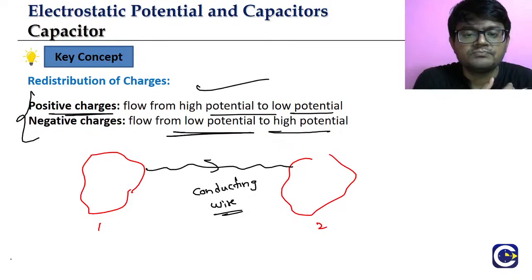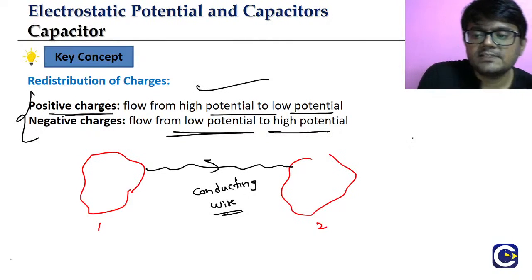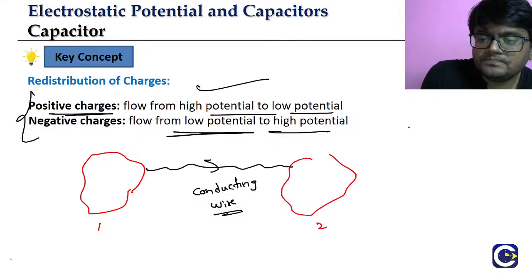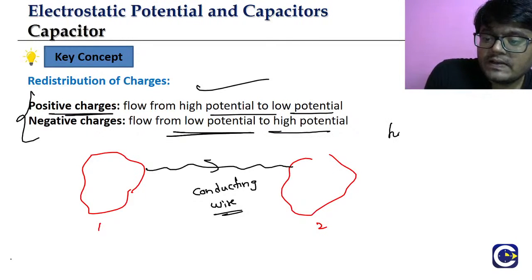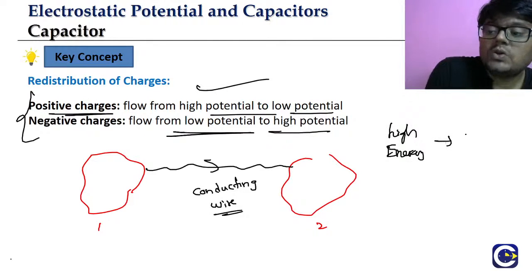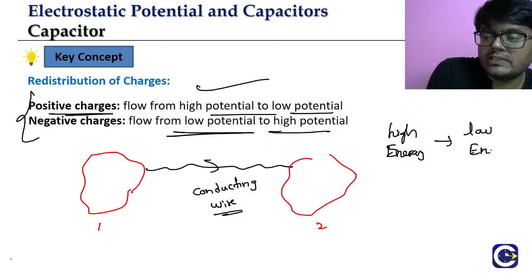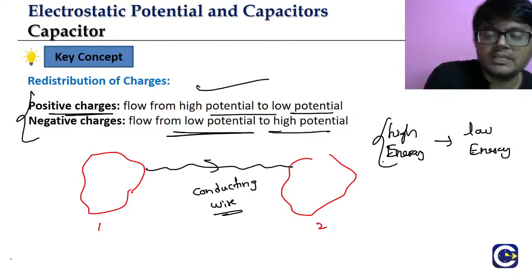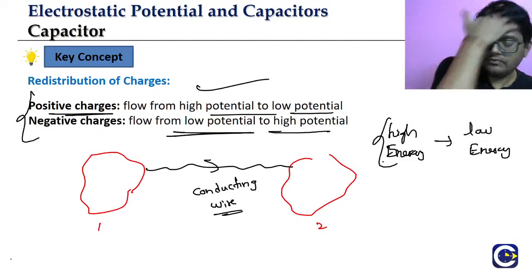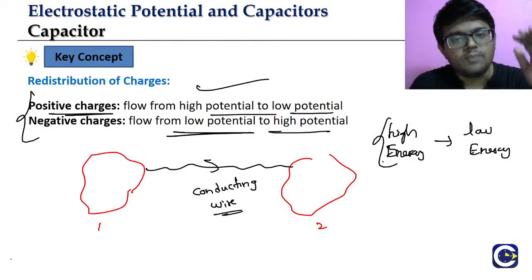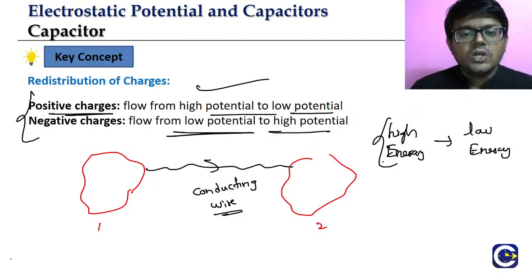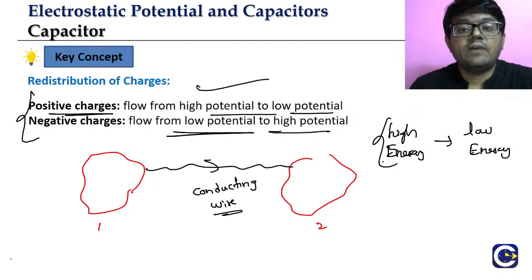Do you know why? Because charges actually flow from a place where they have high energy to a place where they have low energy. How will the charge movement be? They will flow from a place where they have high energy to a place where they have low energy.